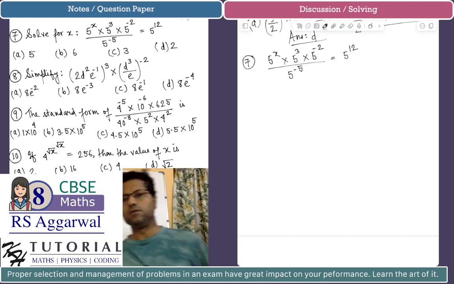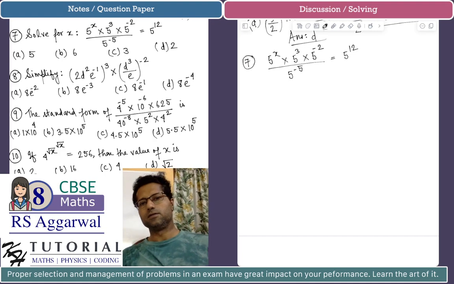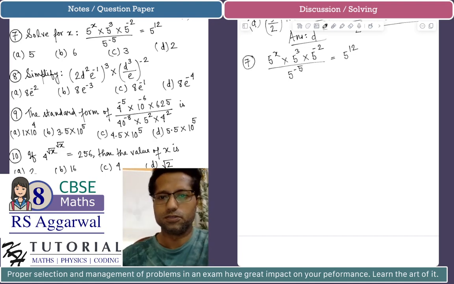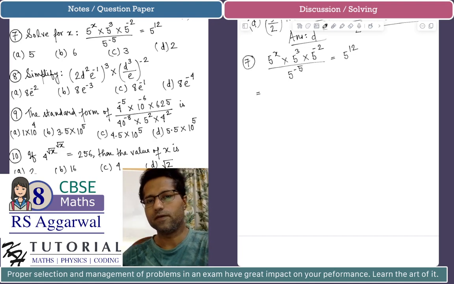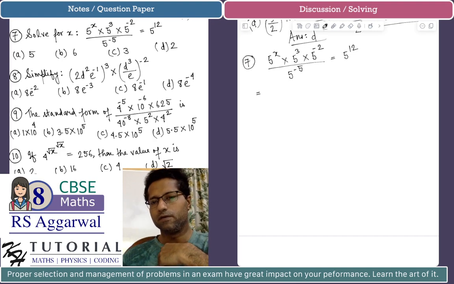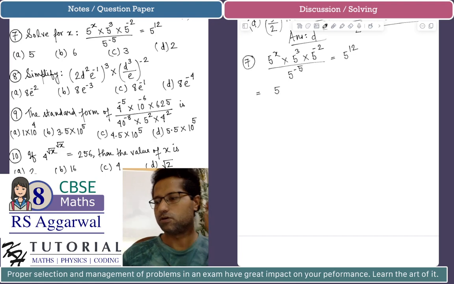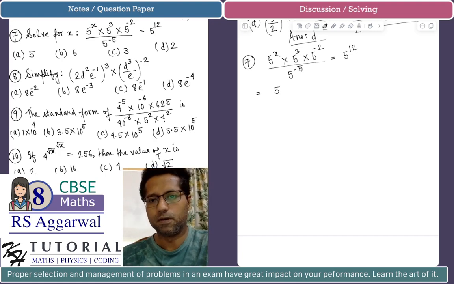We have to just, using the laws of exponents, manipulate and convert the LHS to a single exponential term. Now in the numerator we see 5 raised to the power x multiplied by 5 to the power 3 multiplied by 5 to the power minus 2. We have the same base, the powers are different, so the powers will add up. So we will have 5 to the power x plus 3 minus 2 in the numerator.